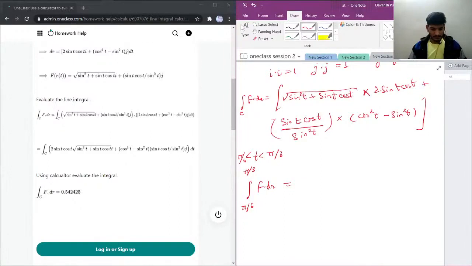This is quite difficult for me. So this is the square root of, and then we have sine, how to take this square.